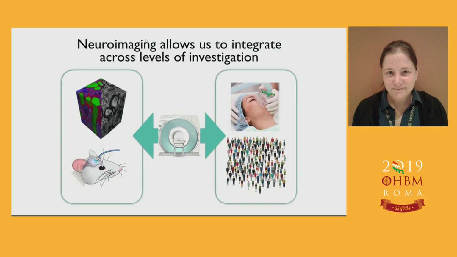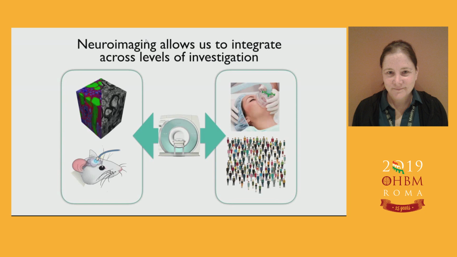There are very few things that allow us to really integrate across many, many levels of investigation using the same tool in neuroscience, from everything from small tissue samples, which I'll talk about today, to rodents where we can do causal manipulations, to large populations, and even all the way up into individual patients.